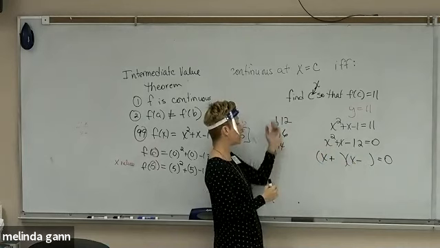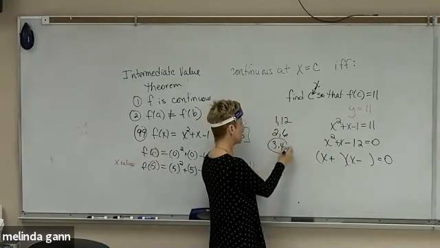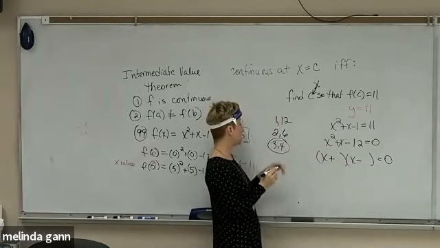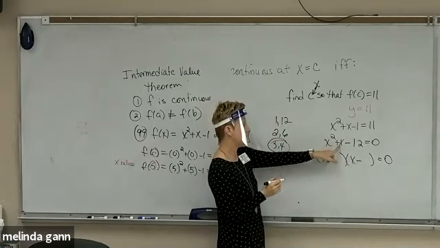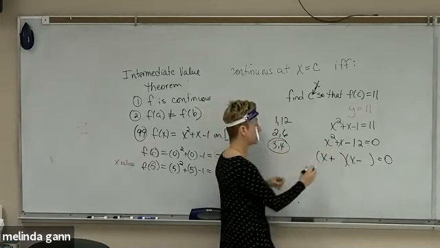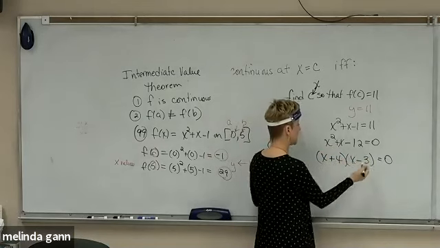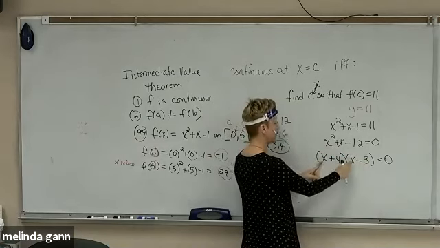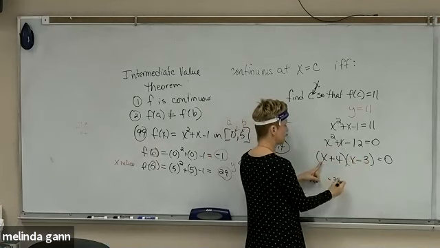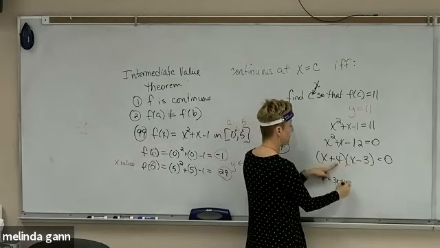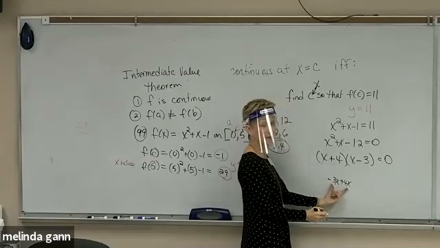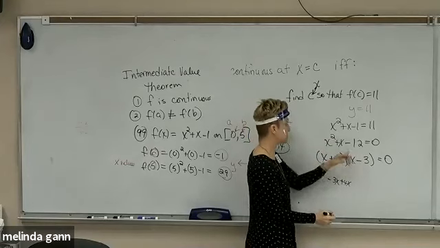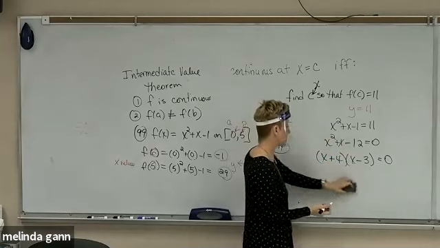So which pair differ by 1? 3 and 4. I need the answer to end up being positive, so I need the bigger one behind the plus. Then double check, and if I'm wrong, I can switch them. Always double check. So that's x squared, minus 3x plus 4x. Wouldn't that be a positive x? And that would give me a minus 12, so I know I factored it correctly.